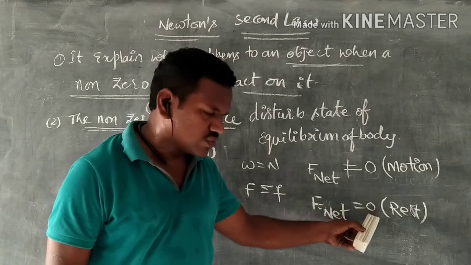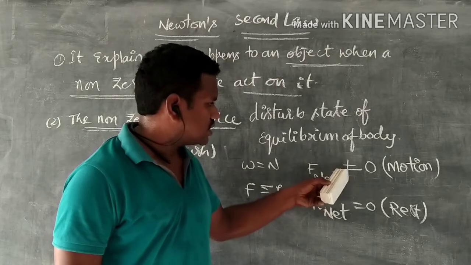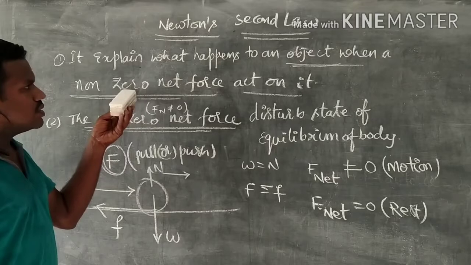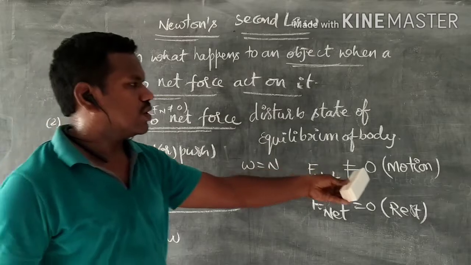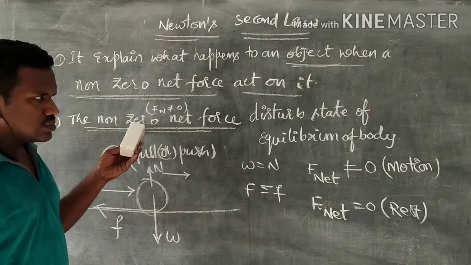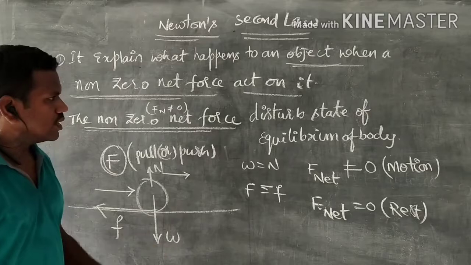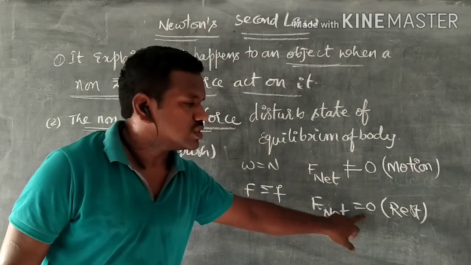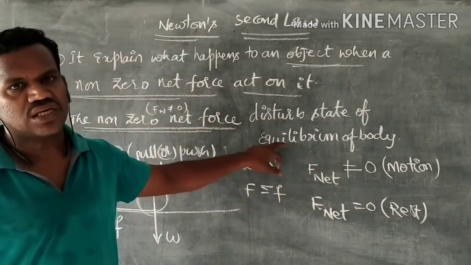If the net force is equal to 0, it is called zero net force, and this is non-zero net force. If a non-zero net force acts on your body, the body will come into motion. The non-zero net force disrupts the state of equilibrium of the body. If the net force is equal to 0, the body's state is rest, and that is what we call the equilibrium of the body.